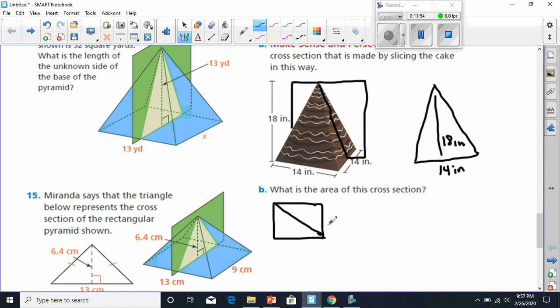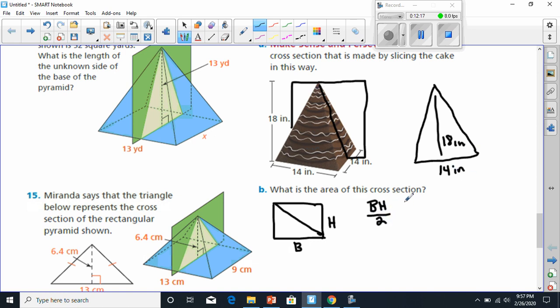That tells me that I'm going to use the formula for a rectangle and slice it in half. My formula for a rectangle is base times height. Then I'm going to take base times the height and divide it by 2.